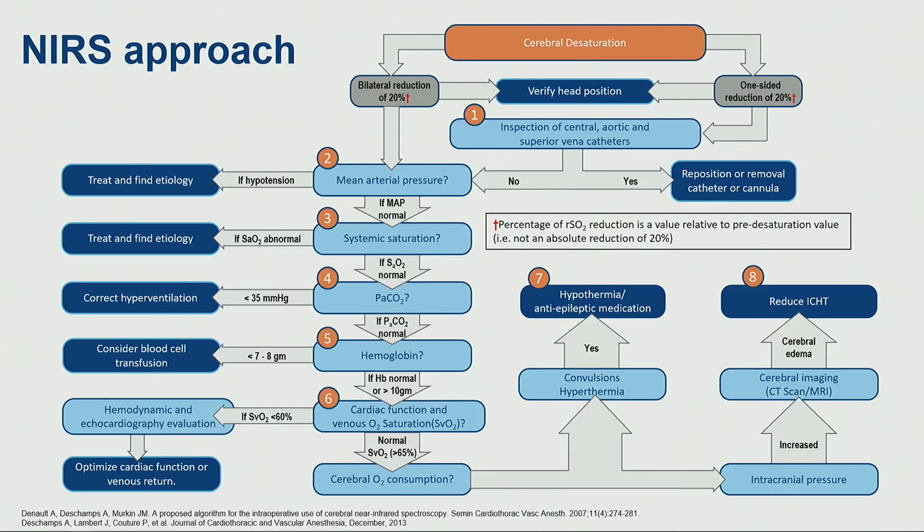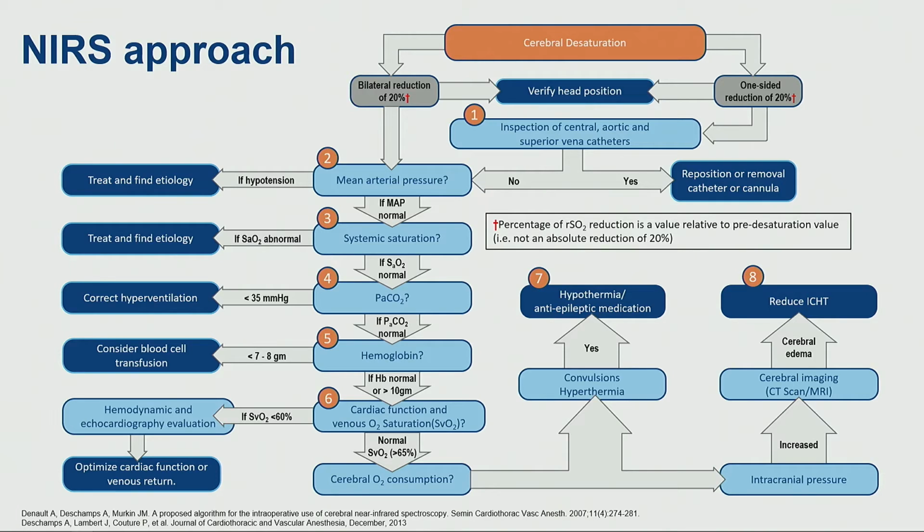What are we doing with ventilation? If the PaCO2 is too high or too low, then again you need to have a state of eucapnia. If you don't have the trucks, the RBCs, to carry the oxygen, that's a problem, and you need to fix that. Then you need to look at the pump function, and optimize pump function and cardiac function. And finally, look at things that would increase oxygen demand at the level of the brain, such as a seizure, fever, or cerebral edema that is also impeding cerebral oxygenation.